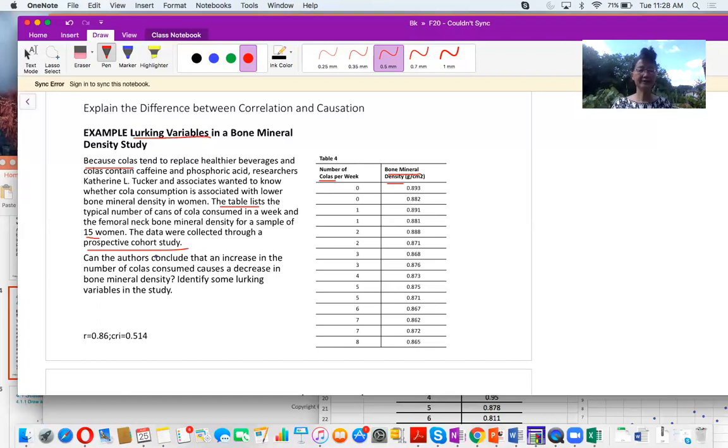So what is the question here? Can the author conclude that an increase in the number of colas consumed causes a decrease in bone mineral density? Identify some lurking variables.